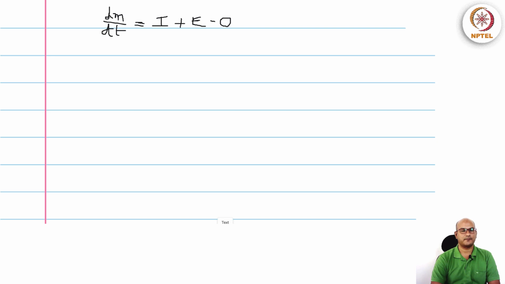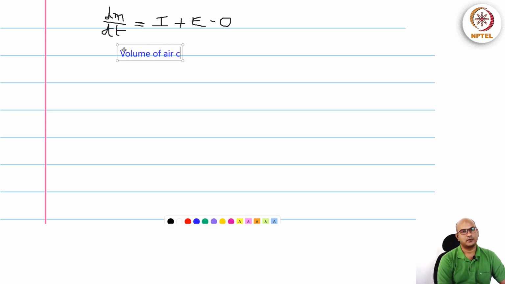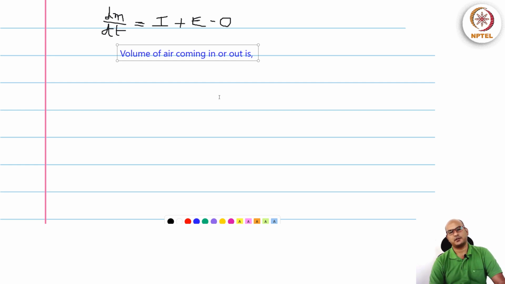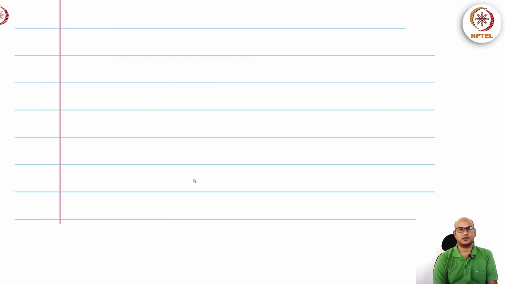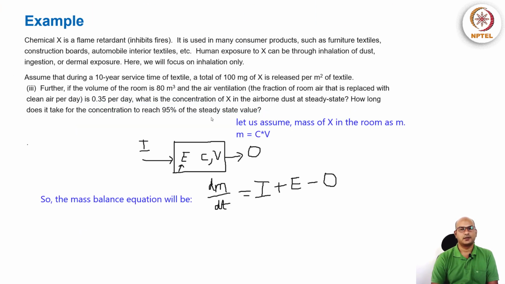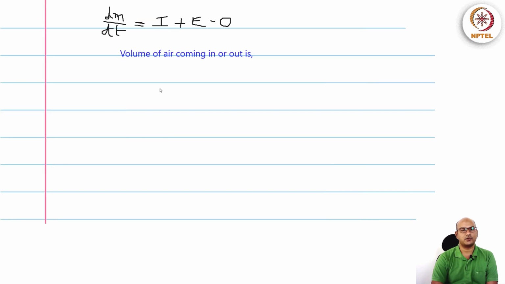The volume of air that is coming in or out is basically the fraction of volume. The fraction of room air that is replaced with clean air is 0.35 per day. So 0.35 of this air is coming in and out per day.